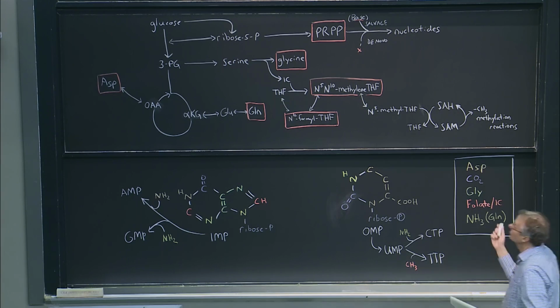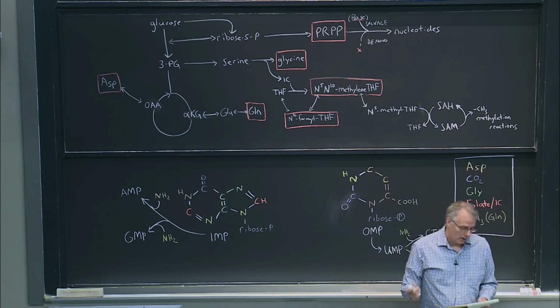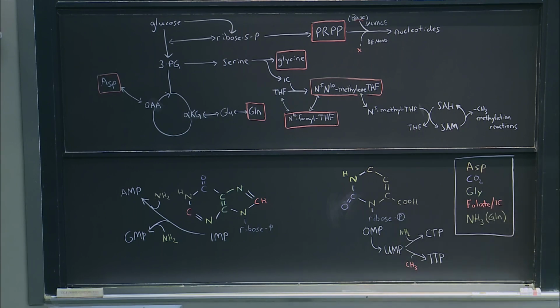Now, ribose also is going to come from ribose 5-phosphate. That's, of course, a product of the pentose phosphate pathway, oxidative or non-oxidative, depending on how the cell wants to use those pathways. The Calvin cycle and photosynthesis are other ways to get ribose 5-phosphate. That generates the ribose, and then there's a lot of complexity that goes into how one builds these complex base structures.